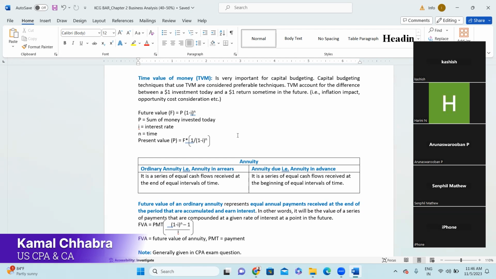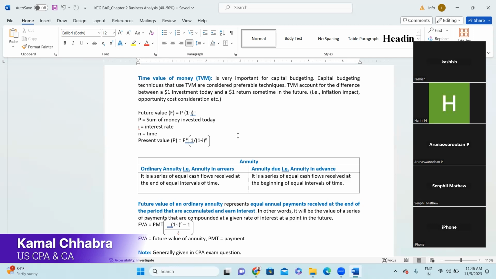So how do you calculate the time value of money? Through the present value. Today $100 is worth $100, but after 1 year it may be worth less, after 2 years further less, and after 10 years much less.